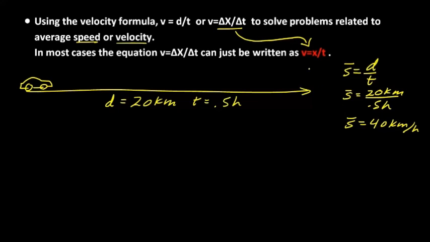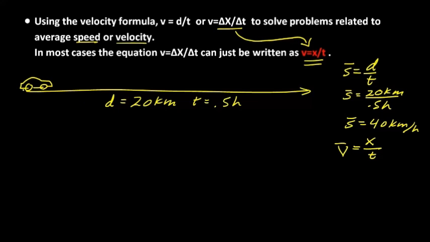Now let's go ahead. We're going to calculate the average velocity. Well, the equation looks pretty much the same. It just says average velocity equals, not distance, but displacement x over t. Now here's the important distinction. The displacement has a direction, and if there's any way you can get the direction, you want to use it.